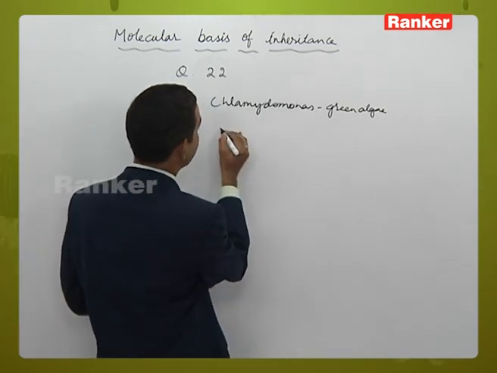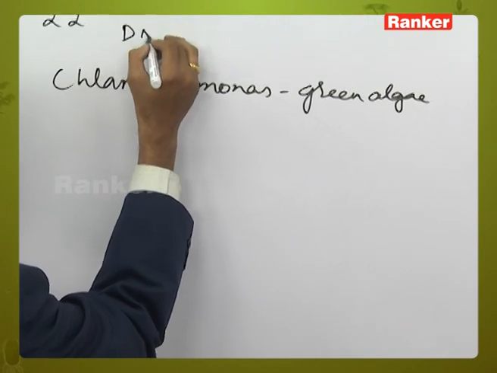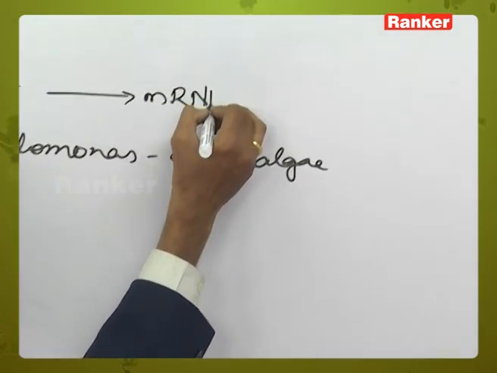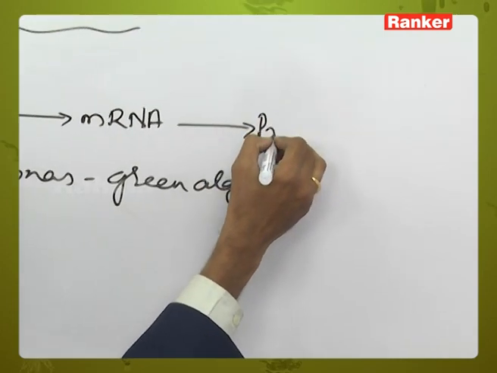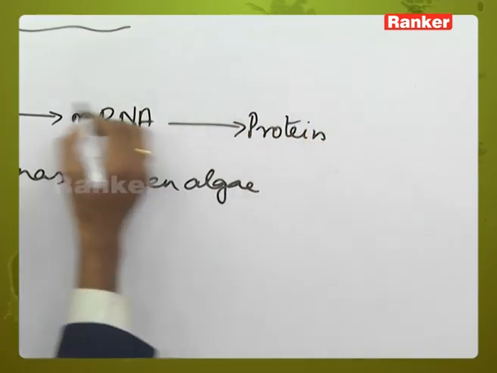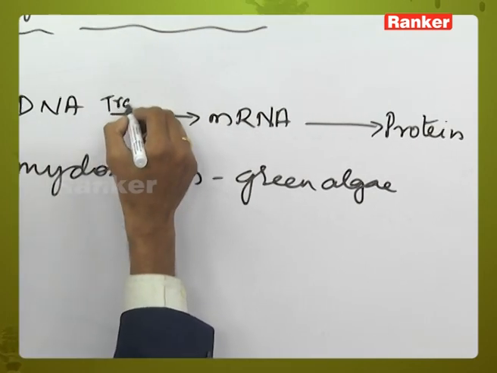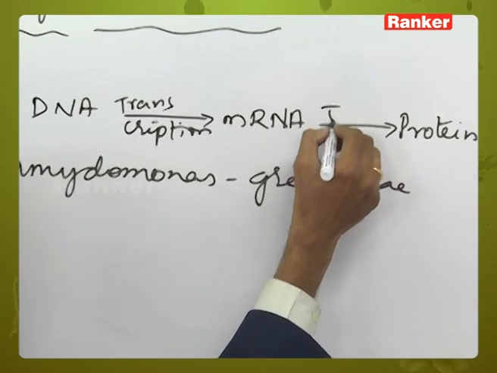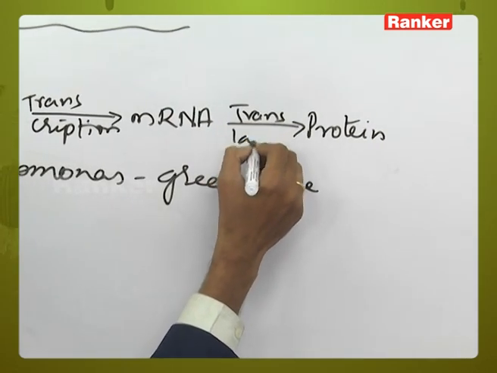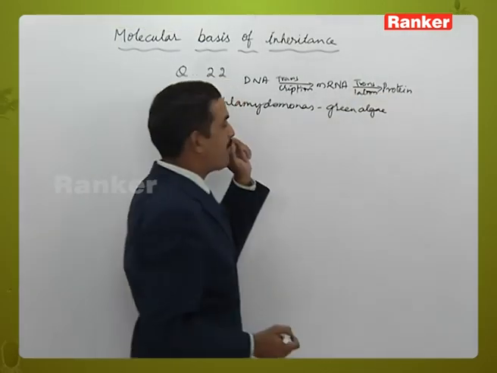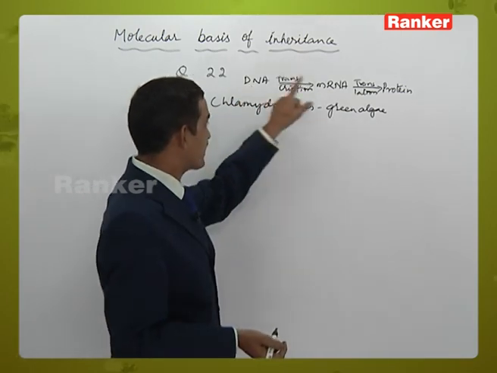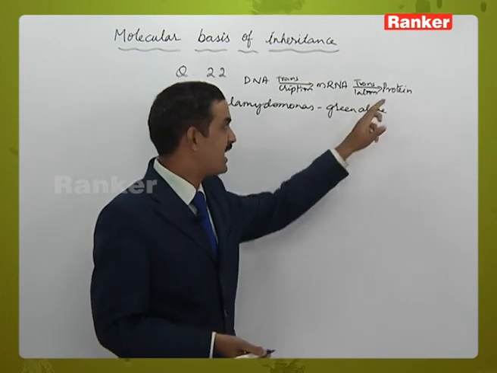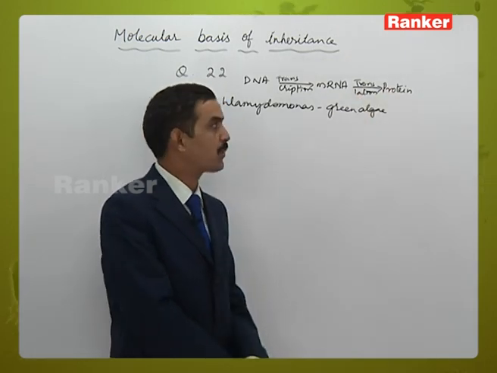Central dogma means the DNA is giving rise to mRNA molecule, which in turn helps the formation of protein molecule. Here the transcription process is taking place, and here the translation process is taking place. In Chlamydomonas, DNA undergoes replication, DNA undergoes transcription to form mRNA, which in turn undergoes translation to produce proteins.